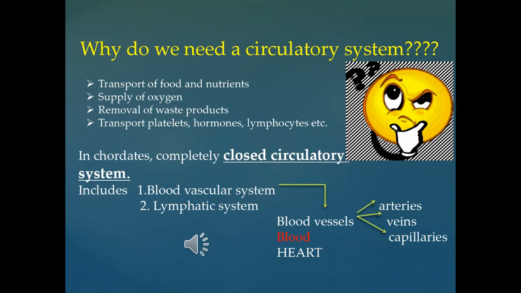In chordates, there is a completely closed circulatory system. That is, the blood always flows through closed vessels and chambers. The circulatory system includes the blood vascular system and the lymphatic system. The blood vascular system, which we will see in detail, constitutes the blood vessels, blood and the heart.